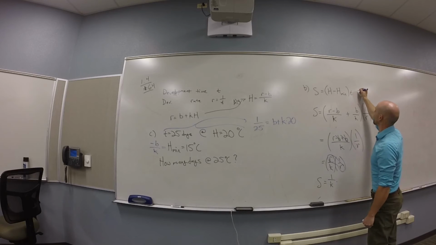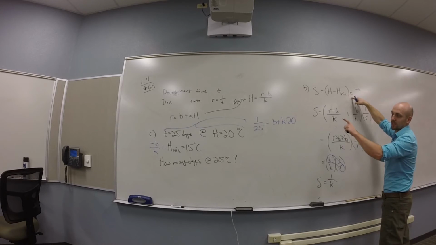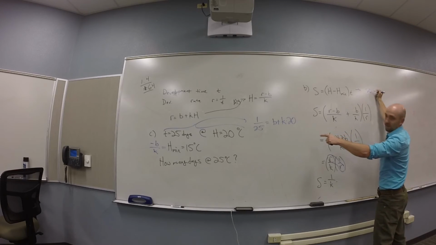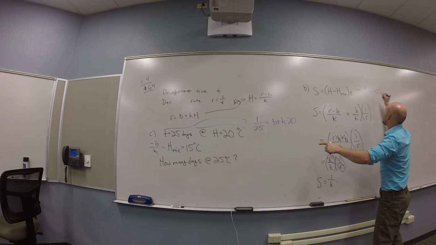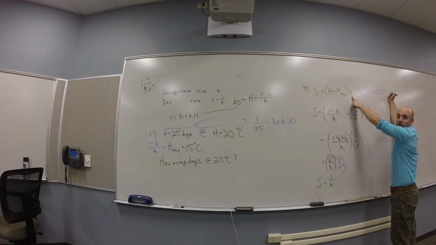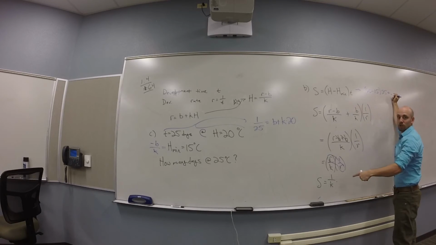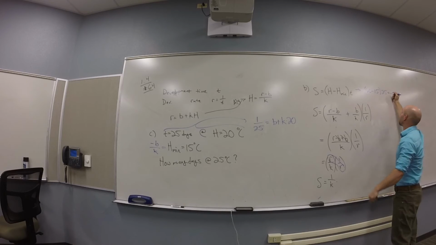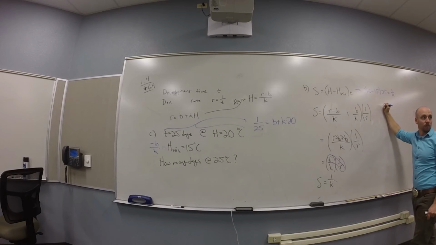So this guy, H minus H min over T, is H, 20, minus 15 times 25. And that's S, which is also 1 over K. You see that?